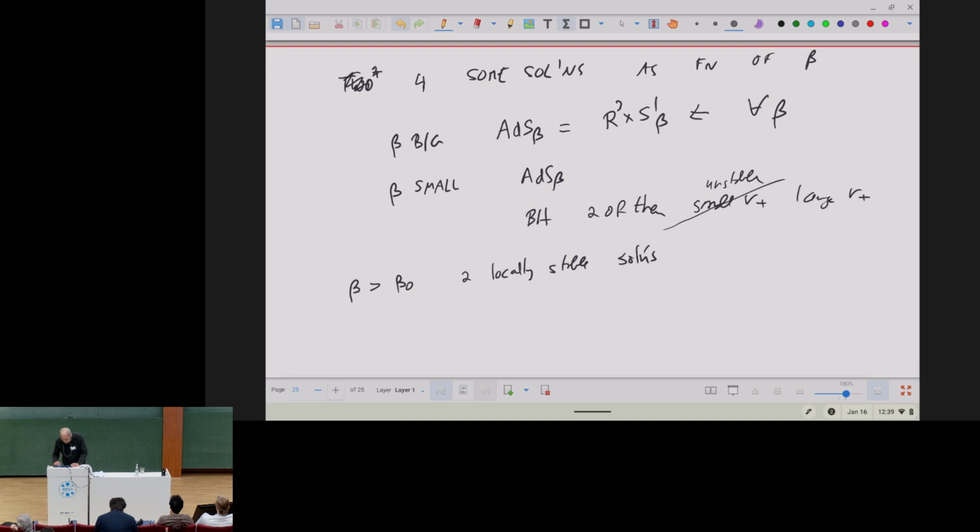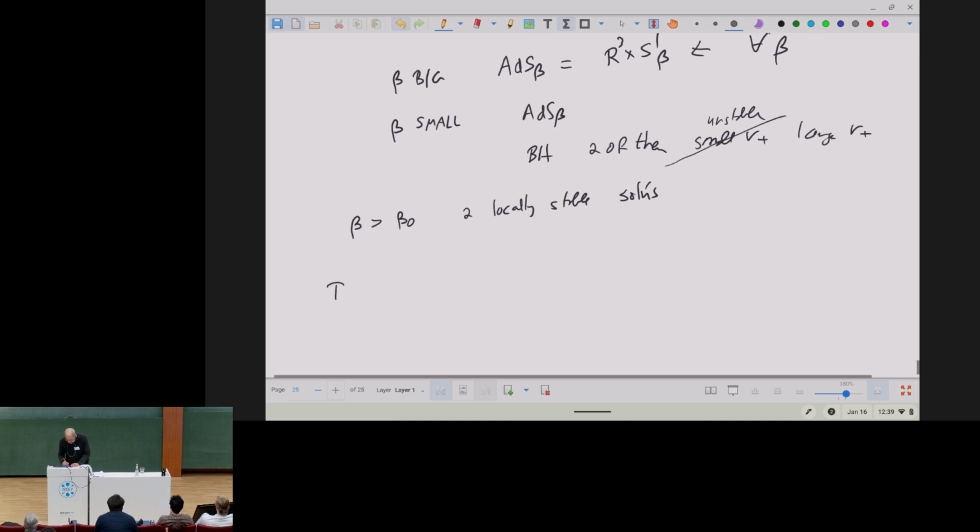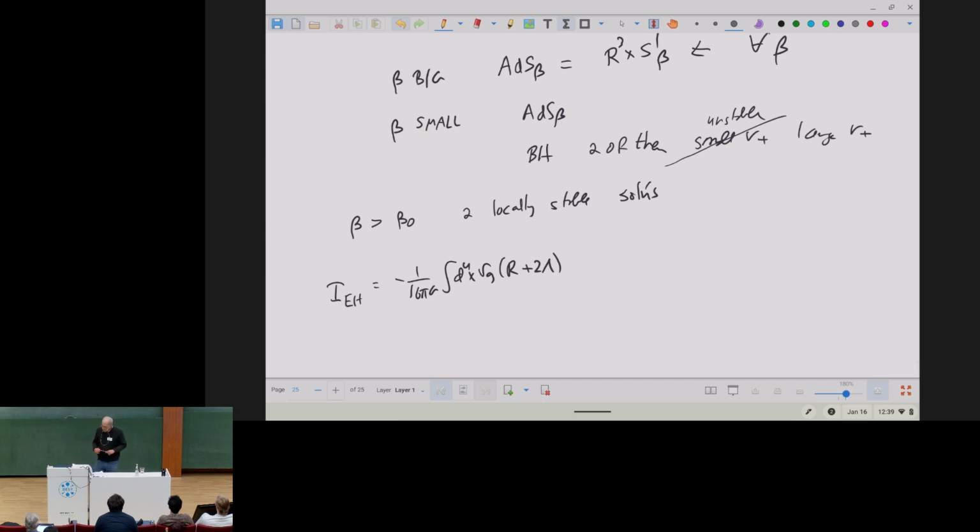Well, how do you calculate the action? The action here is the Einstein-Hilbert action with the cosmological constant. I always have trouble remembering. I think it's just R plus 2 lambda, but can't promise the plus 2. Then there's the Gibbons-Hawking-York boundary term. It turns out that in asymptotically anti-de Sitter space, the Gibbons-Hawking-York boundary term doesn't contribute.